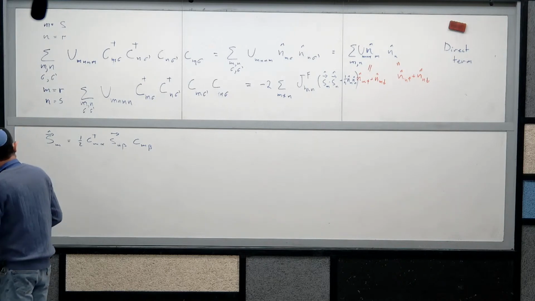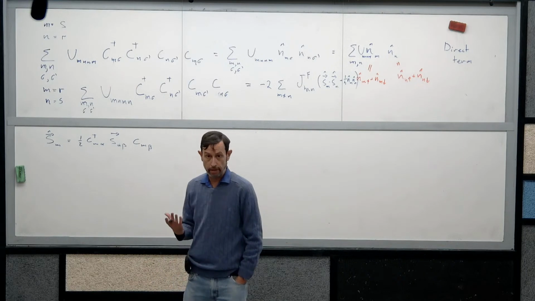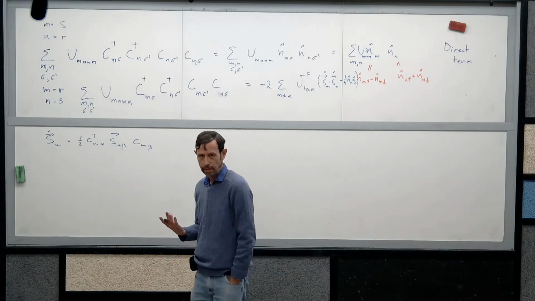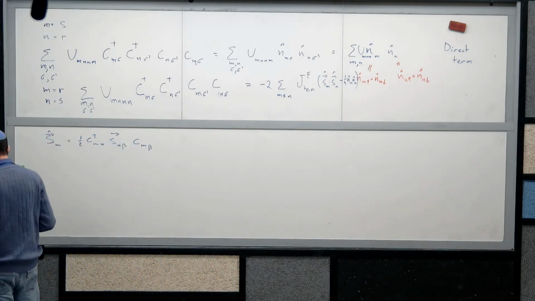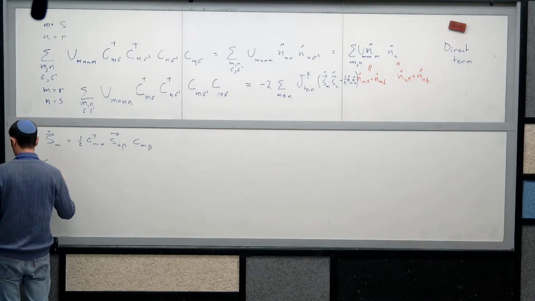And as a refresher, these electrons are spin half entities. Okay, so let's look for a moment.